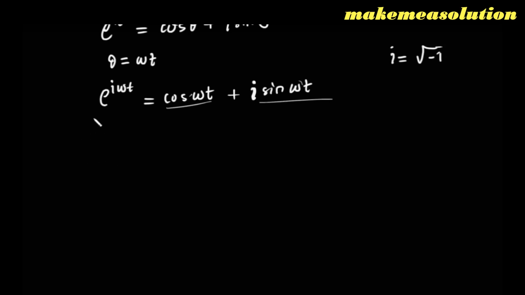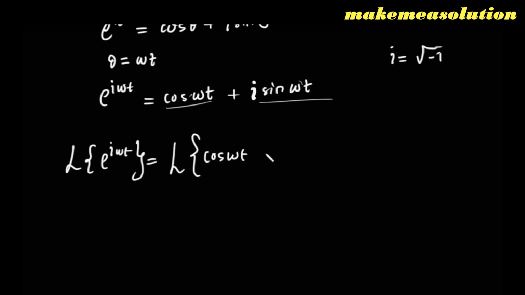Now if you want to use this method to determine the Laplace transform of cos omega t and sine omega t, or cos 8t and sine 8t, you need to take the Laplace transform of both sides. So the Laplace transform of exponential i omega t is equal to the Laplace transform of cos omega t plus i sine omega t. Now the Laplace transform exhibits a property called linearity.